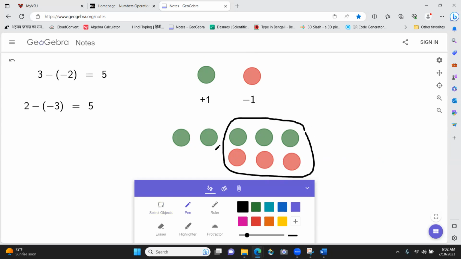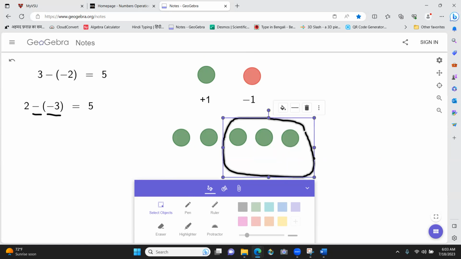I still have 2 green circles, but I have created a situation where I can physically remove the 3 red circles, and let's remove them. This subtraction is removable. This is negative. So I'm going to remove this. What am I left with? I'm left with 5 green circles, hence my answer is 5.